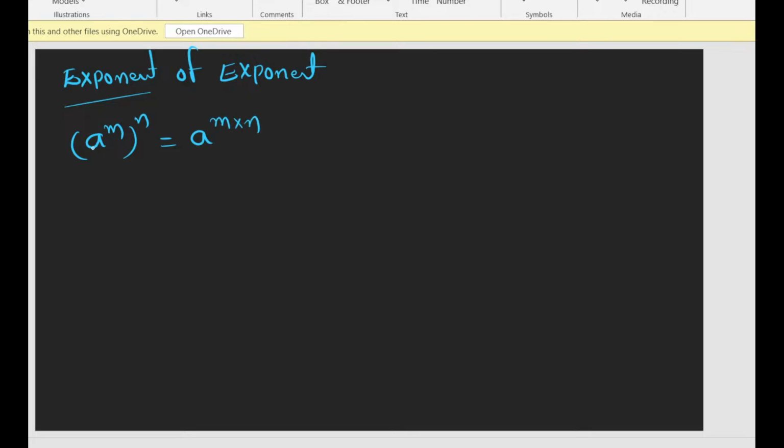When it is exponent of exponent, we have to multiply the powers. For example, 2 power 3 whole power 10, how will you write it? 2 power 3 into 10, that is 2 power 30 is your result.